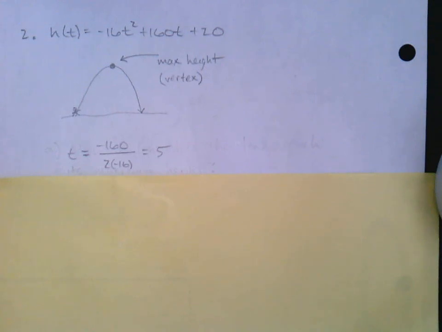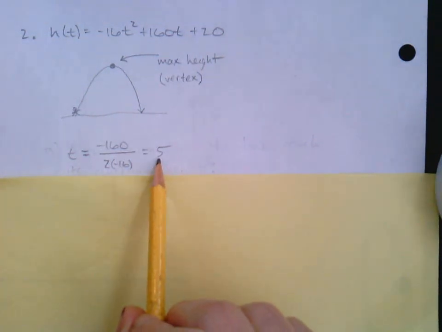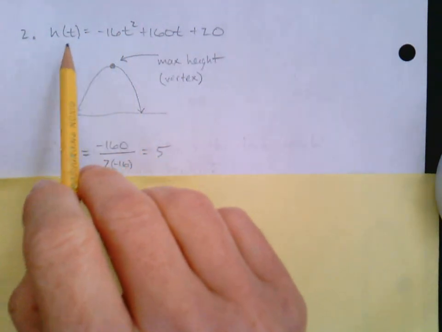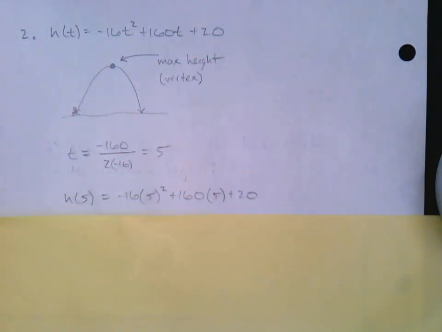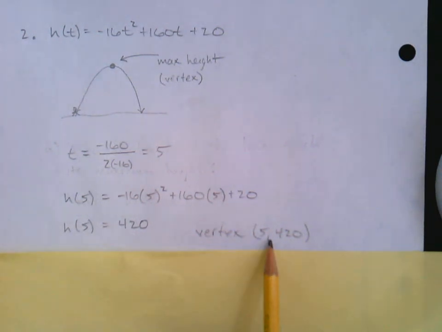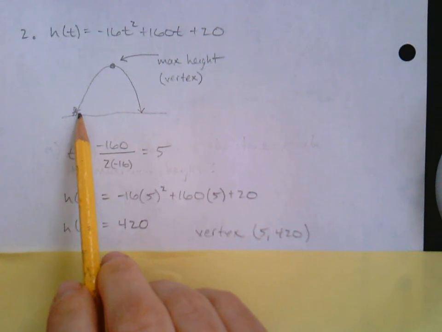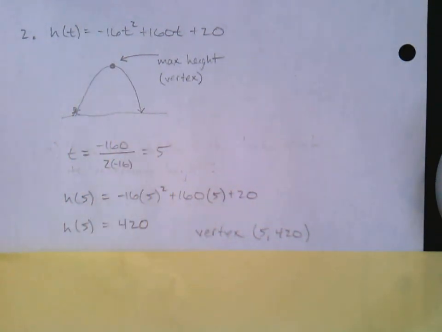So there's the x-coordinate, if you will, the t-coordinate. Now I'm going to put that 5 back into the function to find the y-coordinate. I know I'm going kind of quickly. This works out to be 420. So the vertex for that graph is at (5, 420). It's actually very, very tall. This guy's got quite an arm on him to throw it that high up.